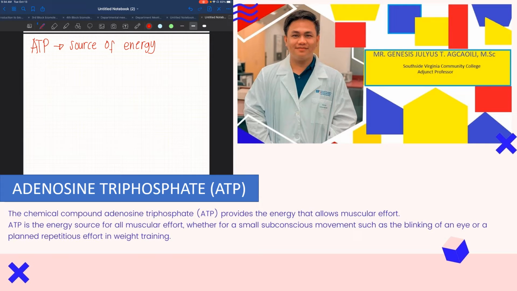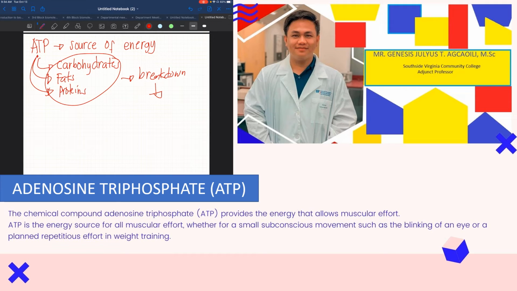Let's just say an ATP molecule, we can get that one from different carbohydrate-rich food. We can also get that from fats and even from proteins. So these are foods that when you break them down, at the end, it will give you a molecule of ATP.